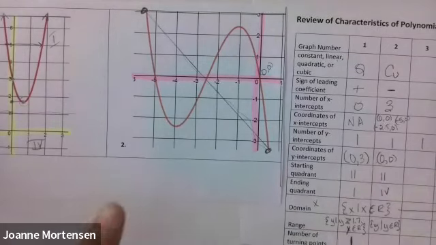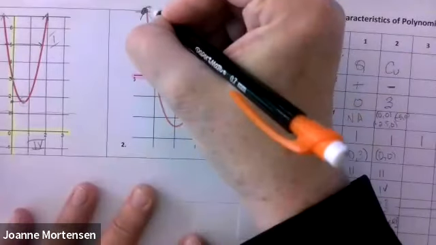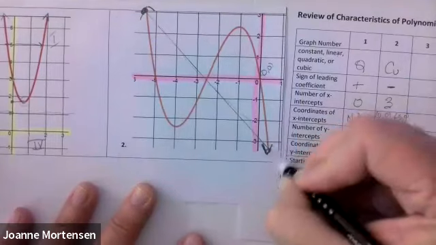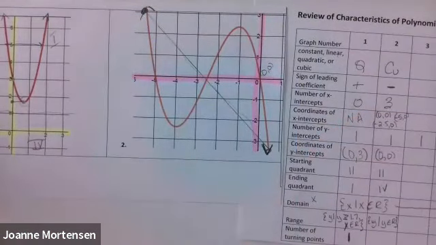So again, because at the ends this graph keeps going left and right, and it keeps going up and down, we've got y is an element of the real numbers.